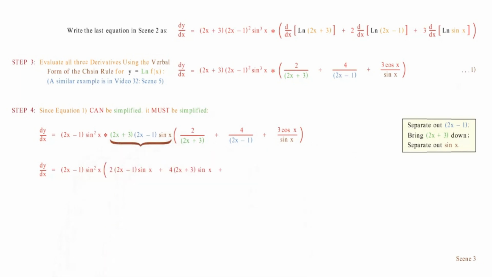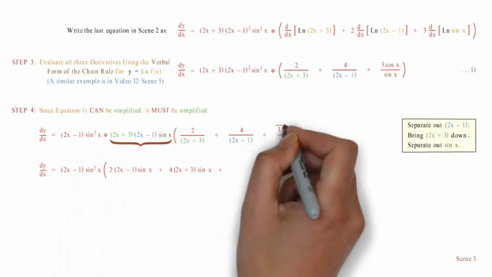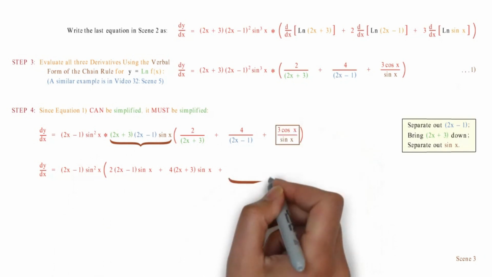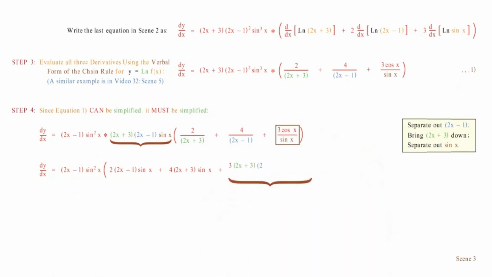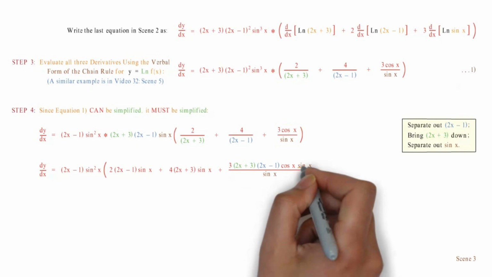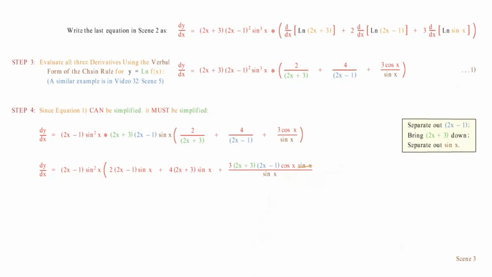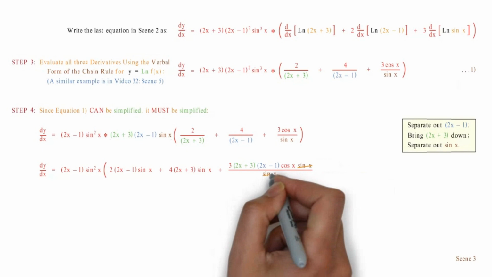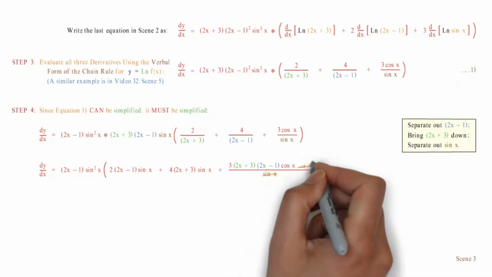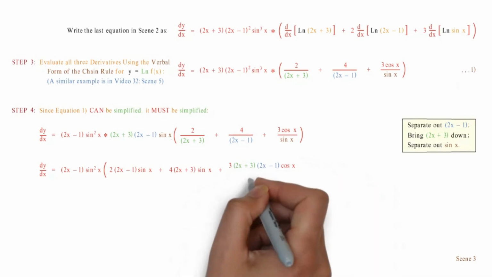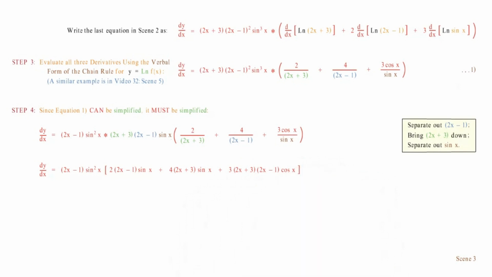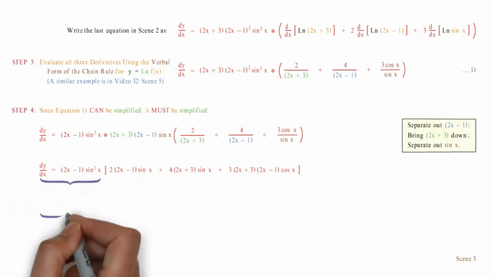This expression times this quotient is this expression. Now cancel sine of x with sine of x. Bring down.